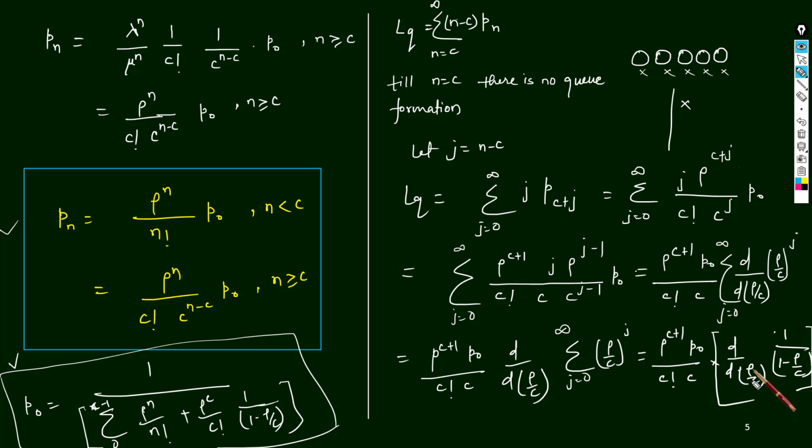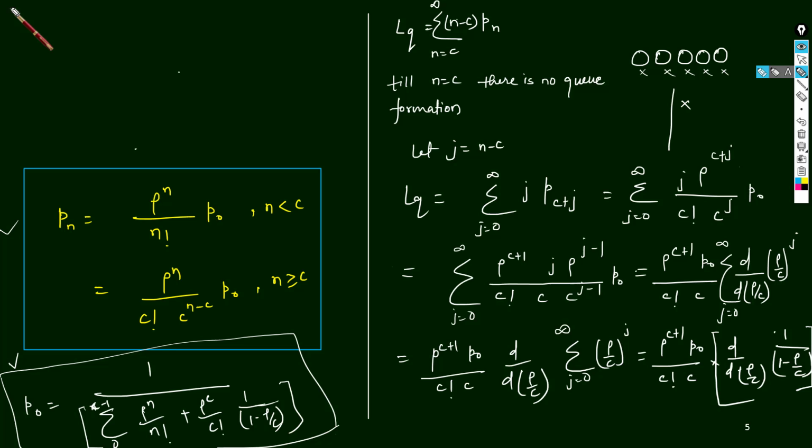So this term we got, this cancels if we consider rho by c as u. So what I'm going to write is rho to the power c plus 1, p naught by c factorial c. The differentiation of this will be 1 upon 1 minus rho by c to the power 2.